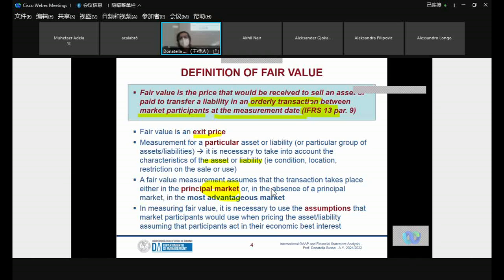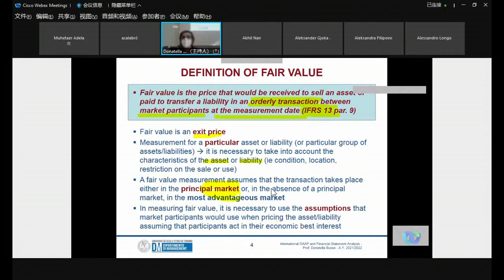Orderly transaction means that, for example, the seller is not forced to sell. Because if someone is forced to sell, it is highly probable that the price is not fair.